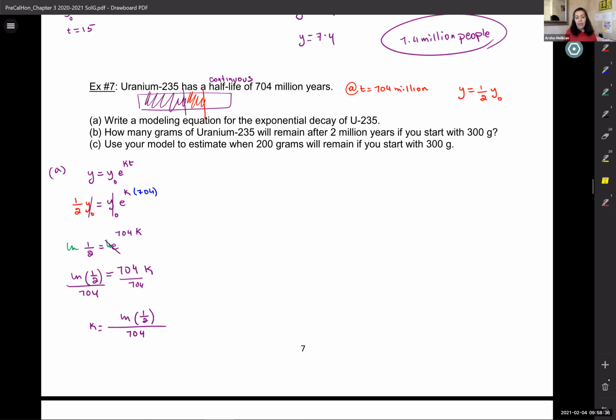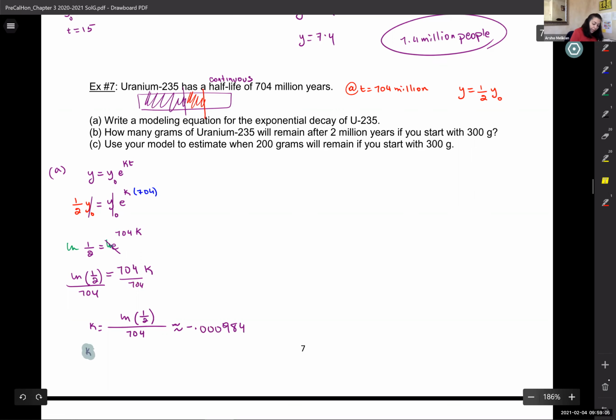Those of you taking chemistry, have you done half-life in chemistry? They just give you the formula k equals ln of 1/2 over T or something, right? That's because they did all the math for you and then they just give you that formula, but this is where it comes from. So k is, here, I'll write it here, negative 0.000984.